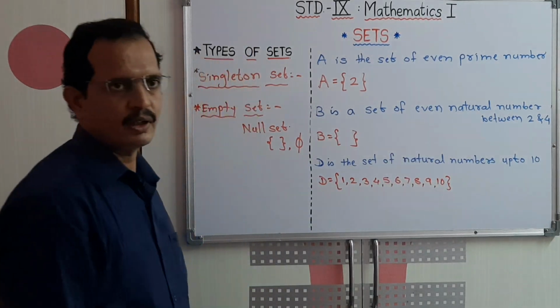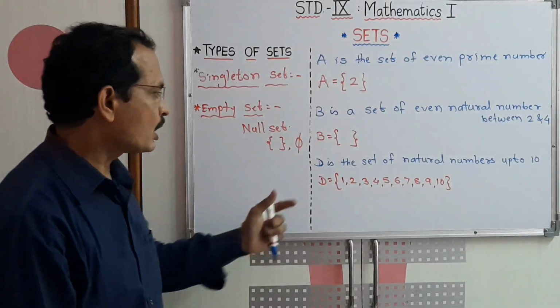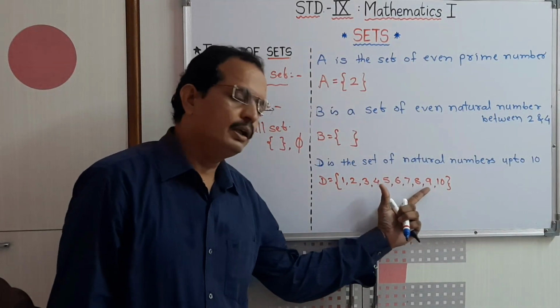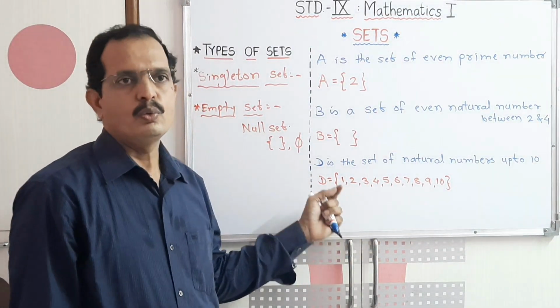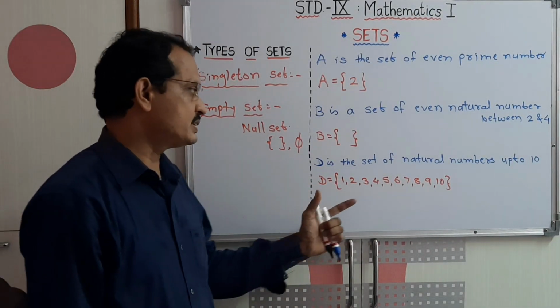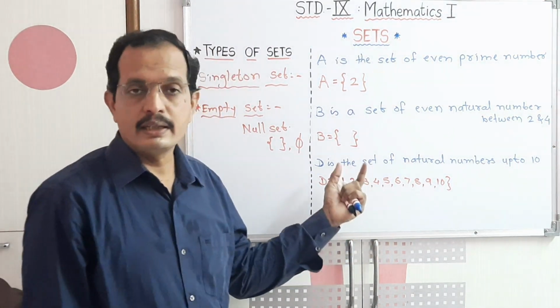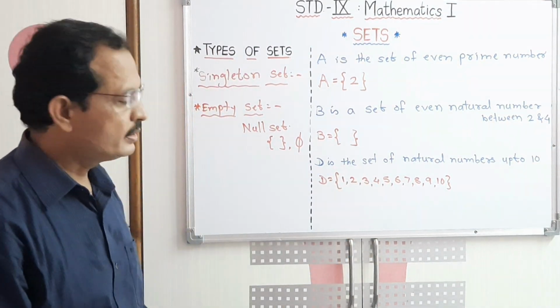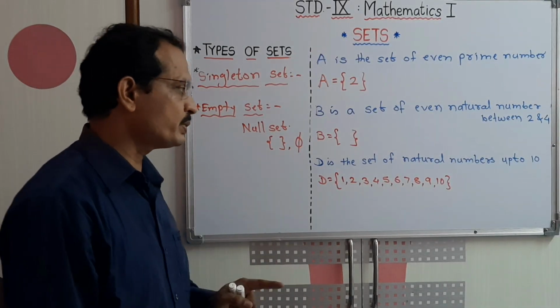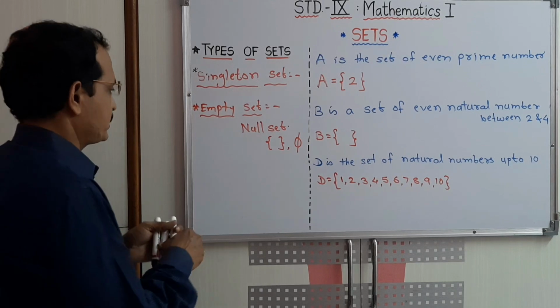This set contains 10 elements. We can count the elements. We can write down the list of these elements. That means the elements of this set are countable and they are limited, and such a type of set is called a finite set.